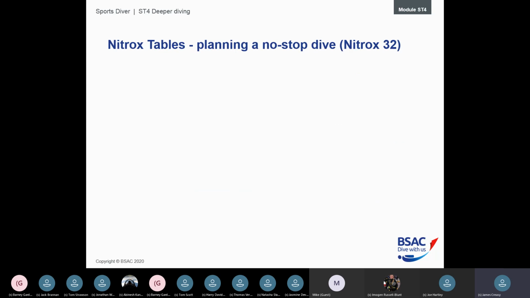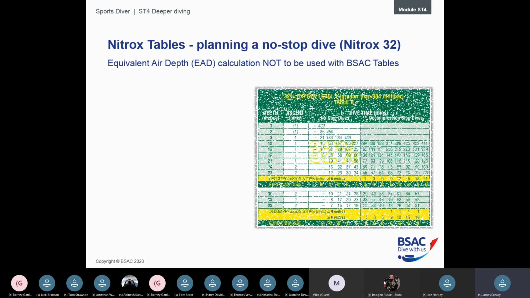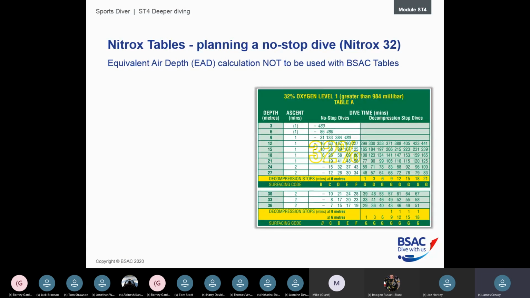Now, if we are doing nitrox, obviously we know nitrox is a higher oxygen percentage. We use a different set of tables, so we don't use the BSAC tables. We use these nitrox tables. They're the green ones.